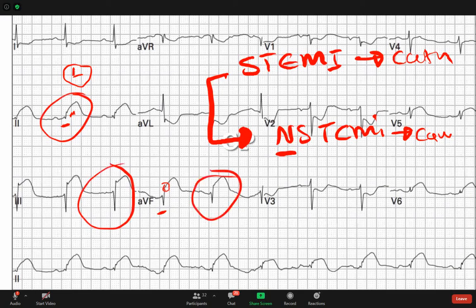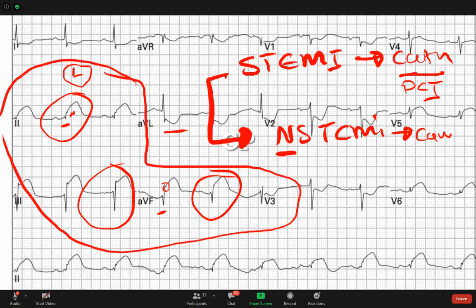So if we don't treat this guy with fibrinolytic or cath or PCI, he's gonna die. وكل ST elevation يجي مع غالبا reciprocal ST depression. So we have inferior STEMI, lead 2, 3 و aVF ويجي معهم reciprocal depression في ال aVL. So you see an ST depression here. Perfect.